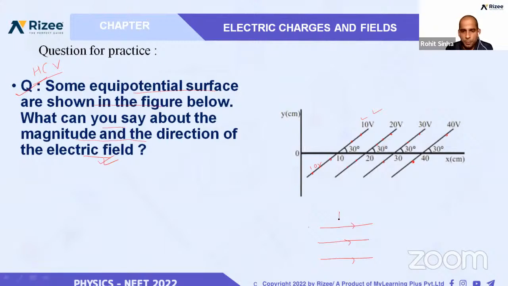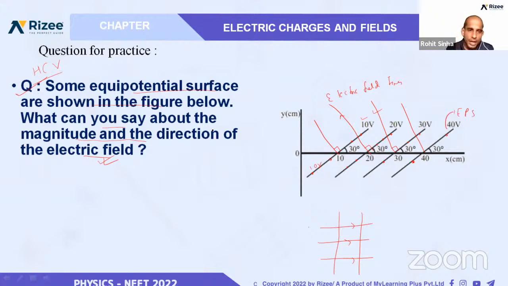If we draw perpendiculars here, all perpendicular to these lines, then these will represent electric field lines, and these are EPS, equipotential surfaces.